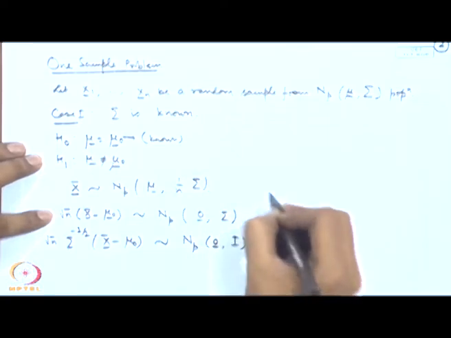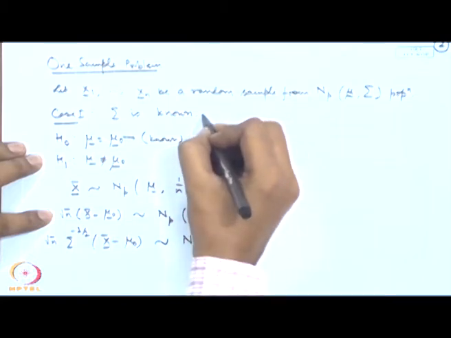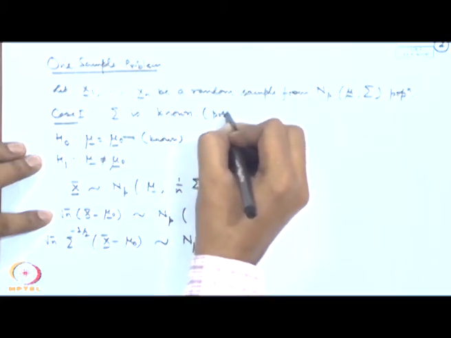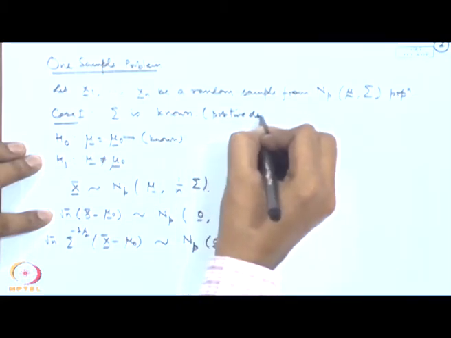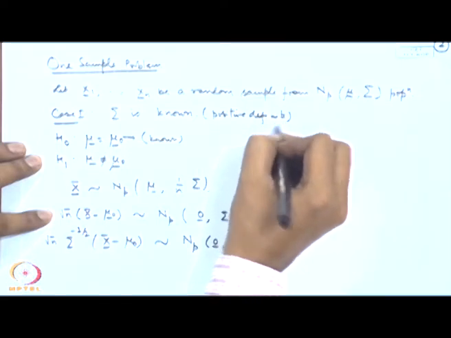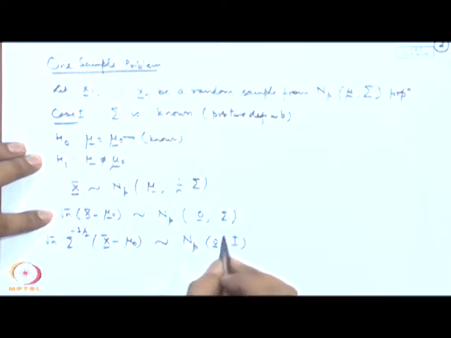Now, that means we are assuming here sigma is known and positive definite, so that the inverse is defined, and we have already discussed in detail how to define the sigma to the power minus half matrix.